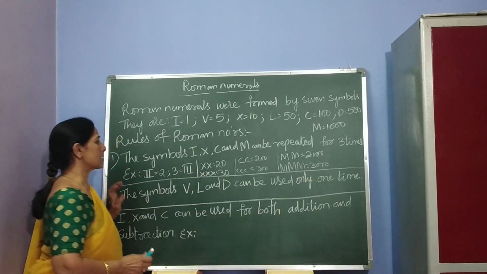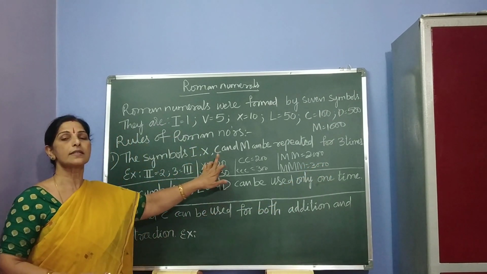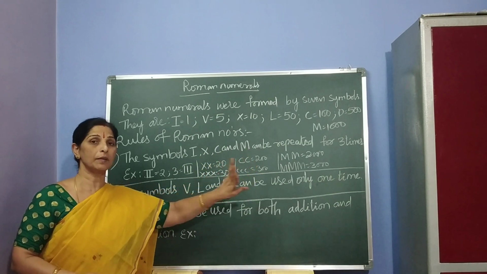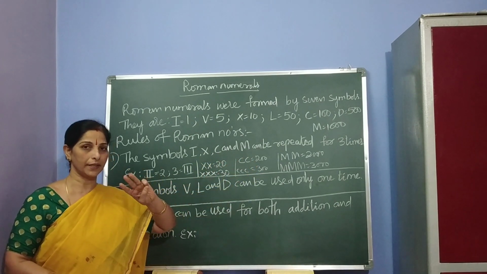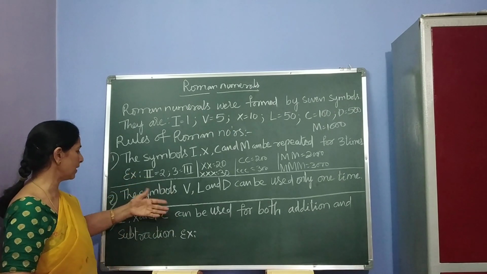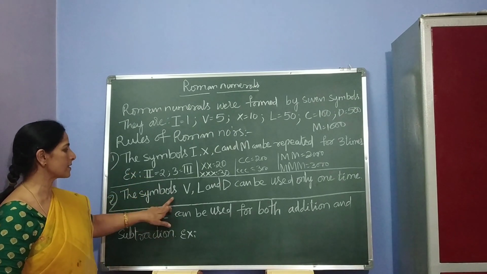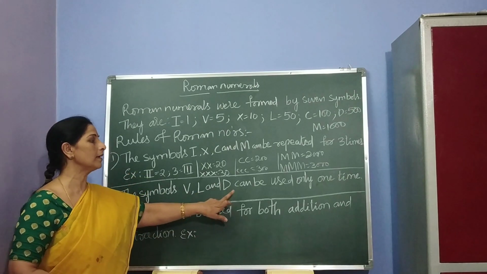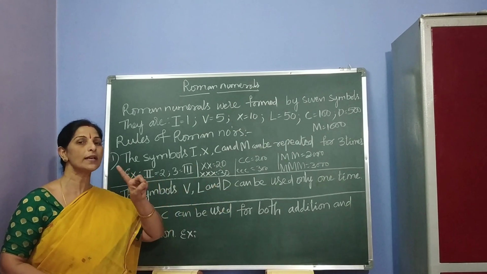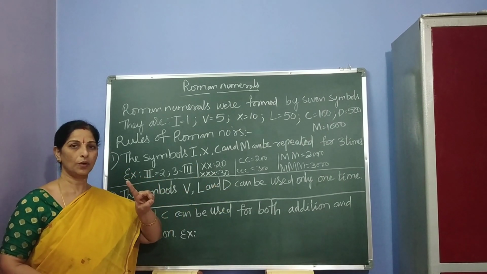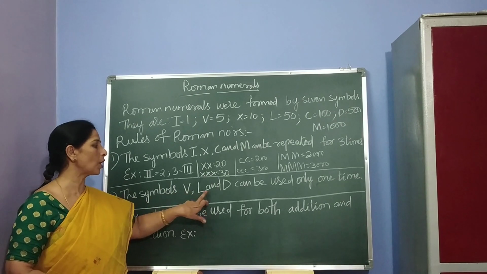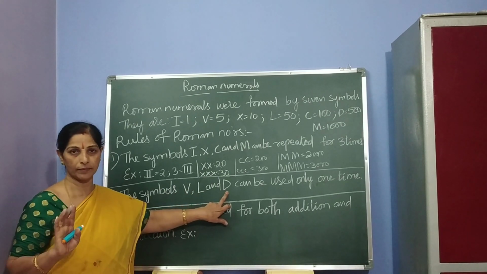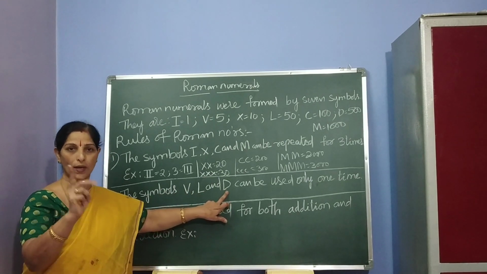So the symbols I, X, C and M can be repeated only for 3 times. Okay? I will go for the next rule. The symbols V, L and D can be used only 1 time. Okay children? These symbols should not be repeated more than 1 time. We have to use them only once.